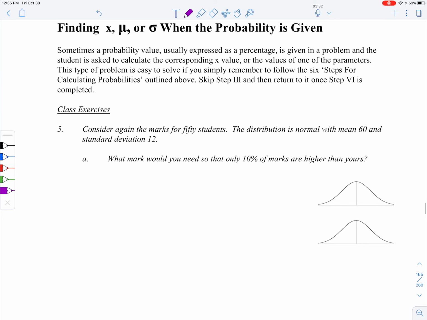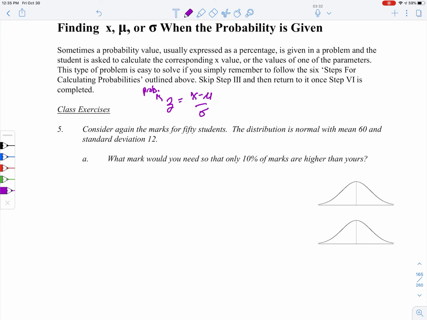Now, if you take a look at the statement here, z is equal to x minus mu over sigma, you'll notice that there are 4 different parts to it. And we need to know 3 of these in order to calculate the 4th. The z value always corresponds to some probability value on the table.